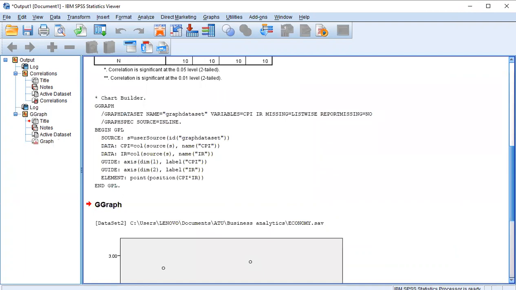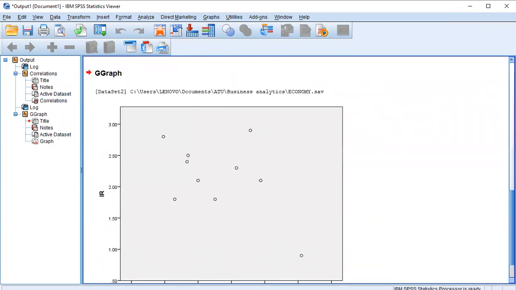Now we saw the same output in Excel, where we saw the negative slope for the line. But you can see that the points are quite dispersed. So even though they are moderately correlated, this relationship is not significant.